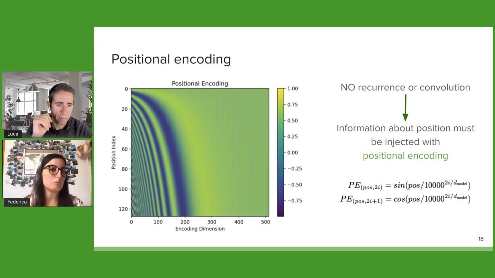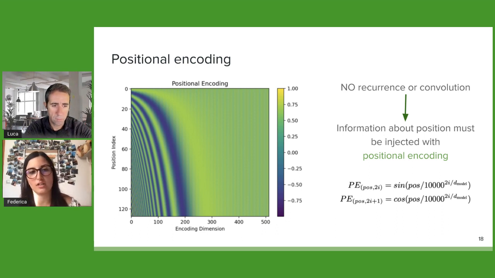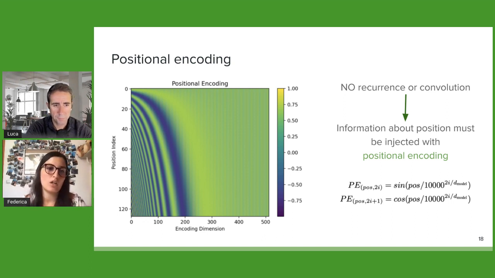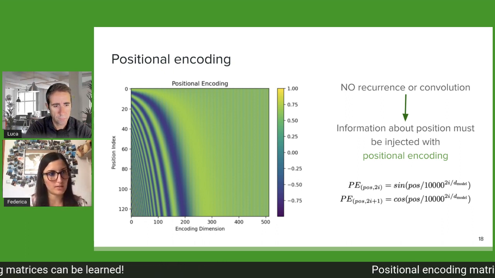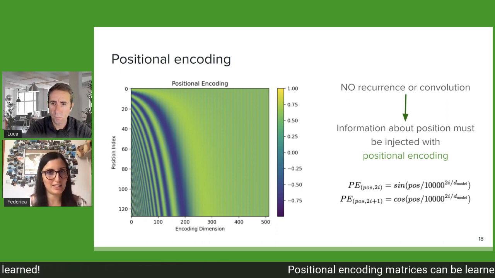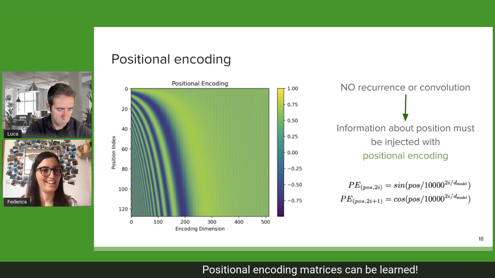But you can also use these kinds of encodings that instead are fixed and decided a priori and not learned by the network. This was the first positional encoding that was proposed. I don't really know what they are using the most now, but I believe we could look it up and see.